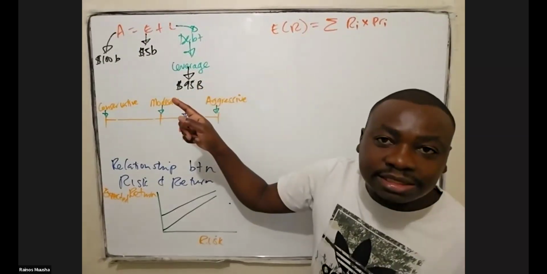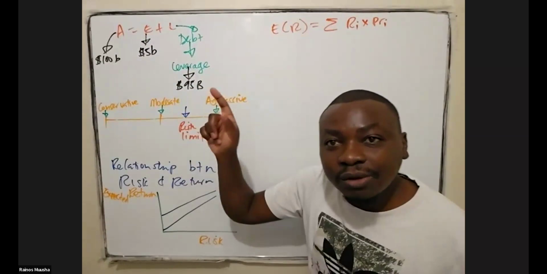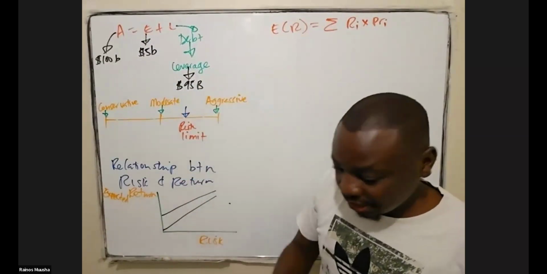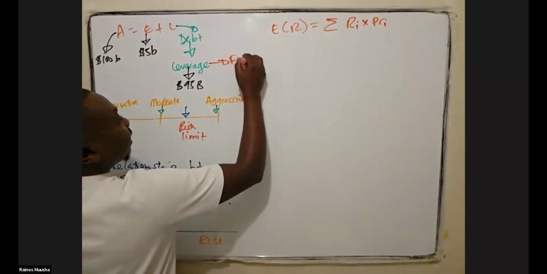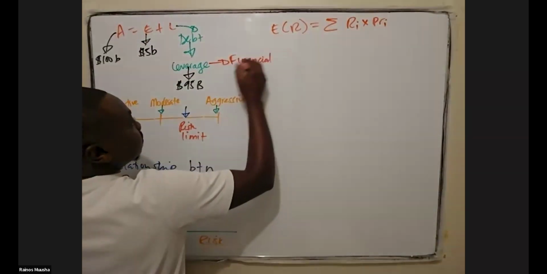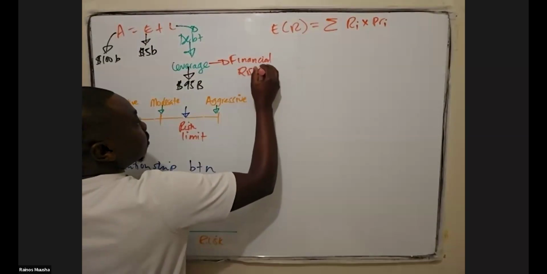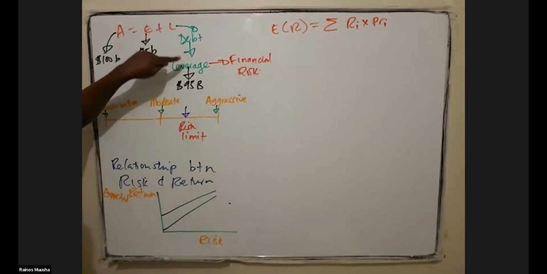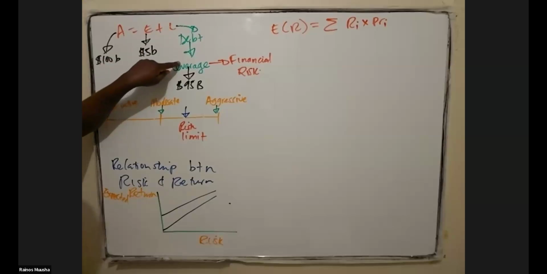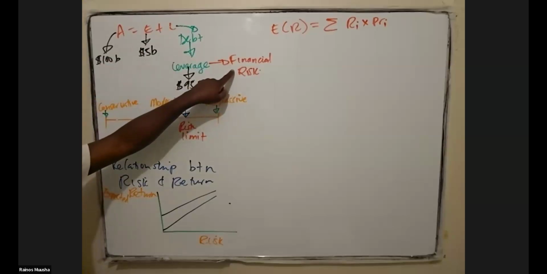And when leveraging increases, financial risk is also expected to increase. So which means leverage is linked to financial risk. So the more debt financing a company uses, the higher the leverage. And the higher the leverage, the higher the financial risk that the company is facing, and vice versa.